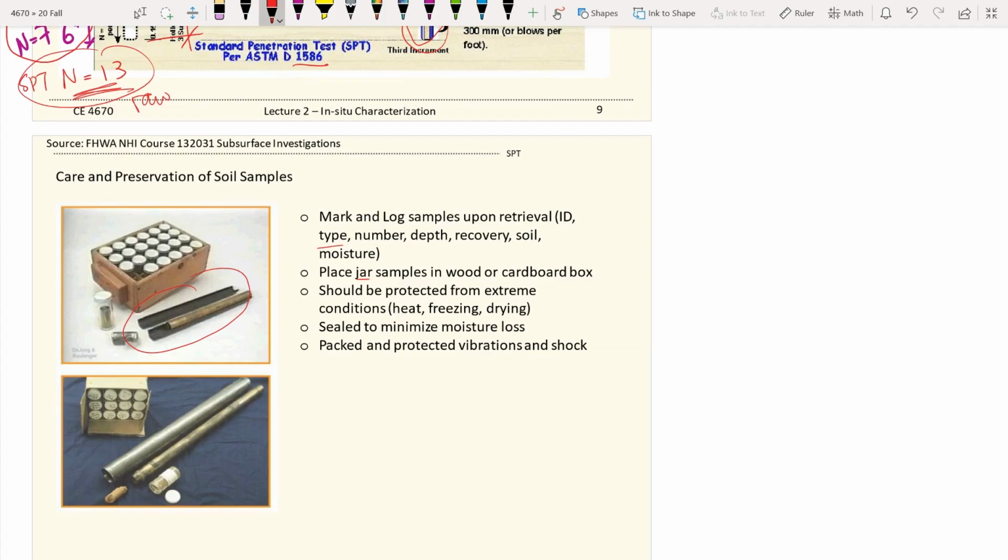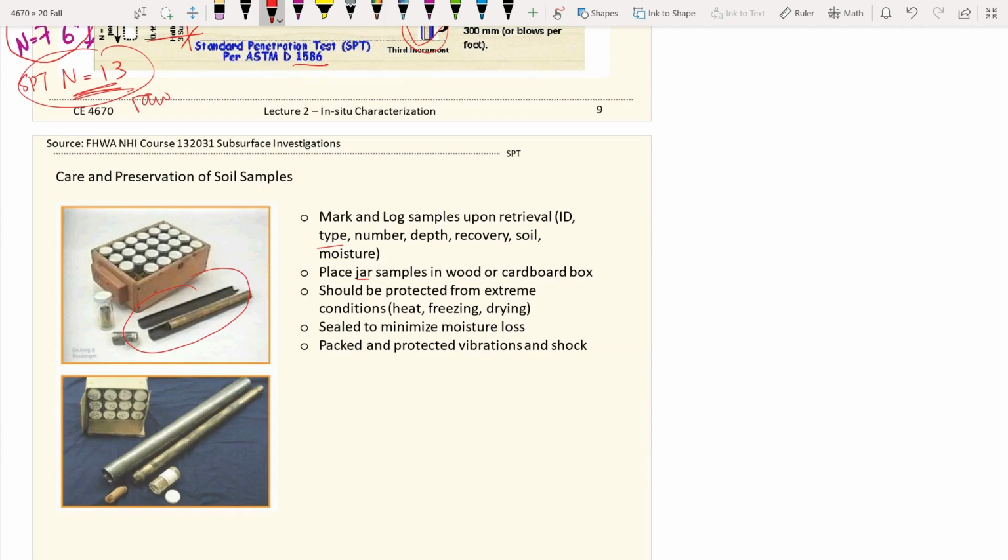The point I want to mention here is that everything we do, we need to put effort into all the details and documentation, and also effort to minimize any kind of soil disturbance, including loss of moisture, transportation, and proper labeling. Everything needs effort such that information won't be lost or confused later.